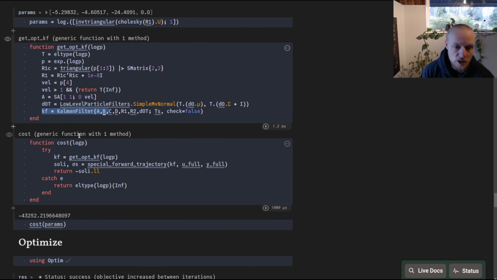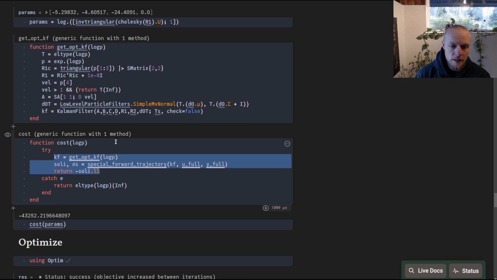So the cost function is simply pass the parameters into this get optimizer Kalman filter, and then perform the filtering. And then since we want to do maximum likelihood, and the estimator minimizes the cost function, we return the negative likelihood here. And if somehow an error occurred here, an error can occur if we get a NaN, or if we get a covariance matrix that is too numerically singular.